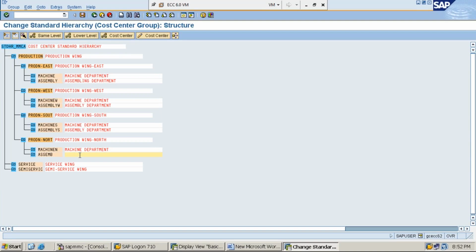Assembly department. By mistake it has been pressed enter. Okay, department. So click on save.